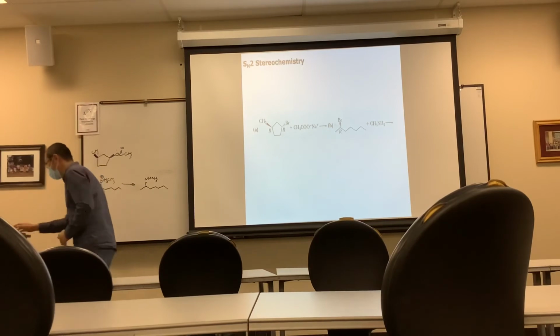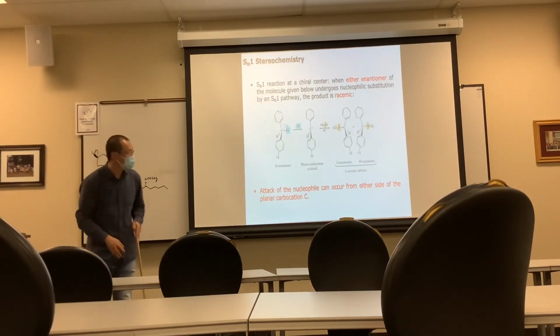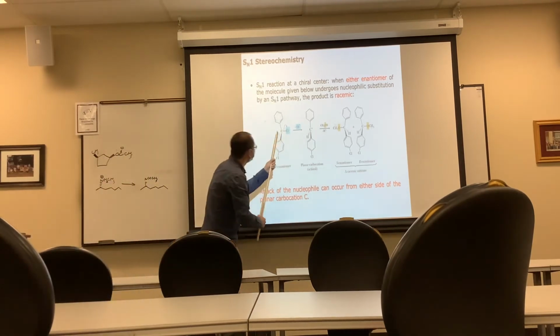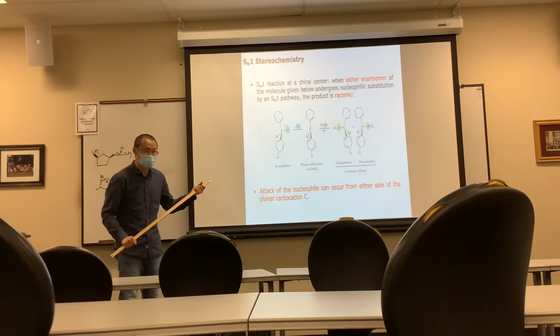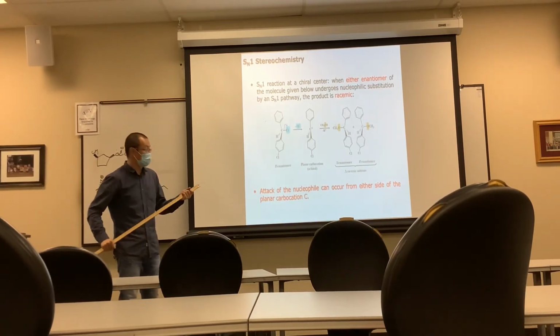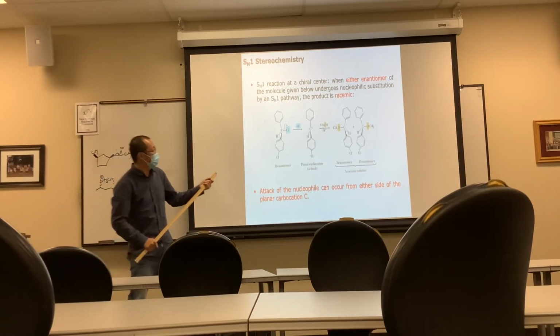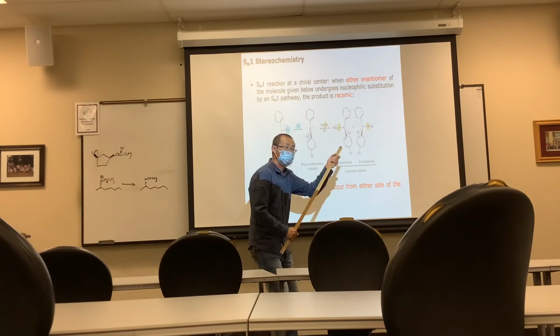Okay? Next. In SN1, like we talked already, you have a carbocation intermediate, which is planar. If it's planar, it means the nucleophile can attack from either side of the plane.